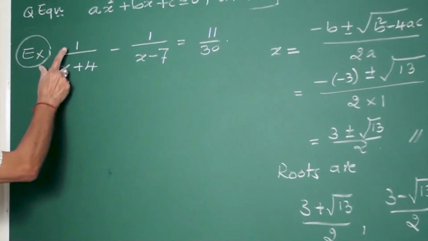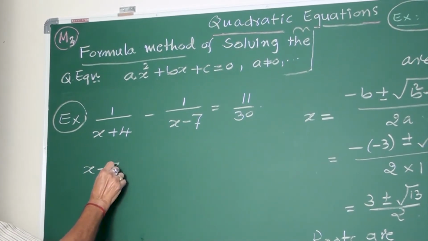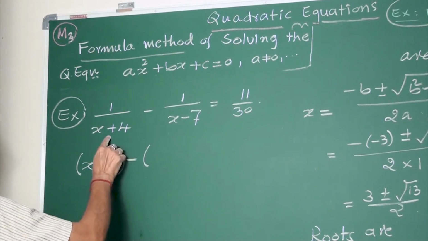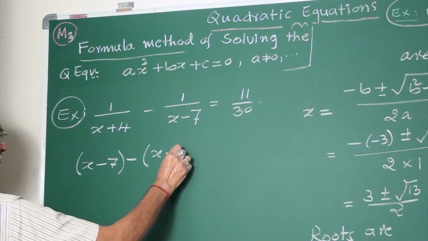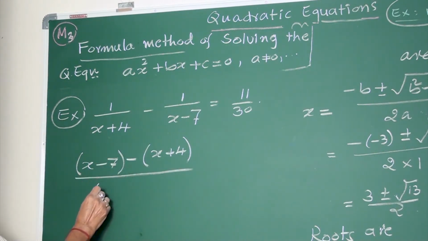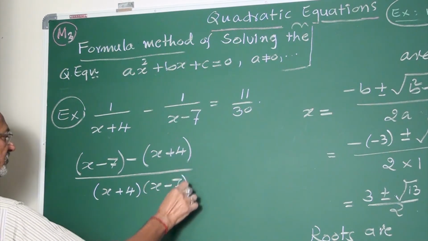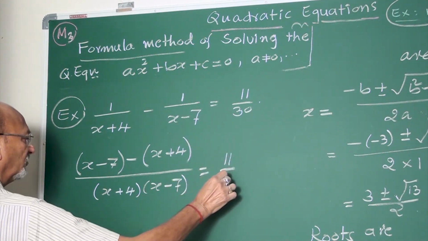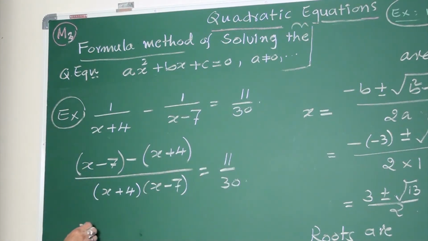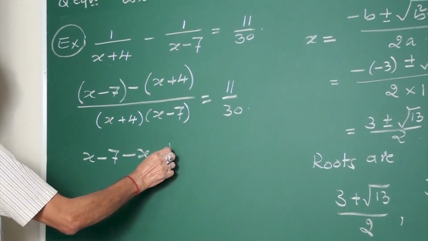Simplified. First cross multiplication: x minus 7 minus 1 into x plus 4. Denominator LCM is x plus 4 into x minus 7, equal to 11 by 30. Simplify: x minus 7 minus x minus 4.